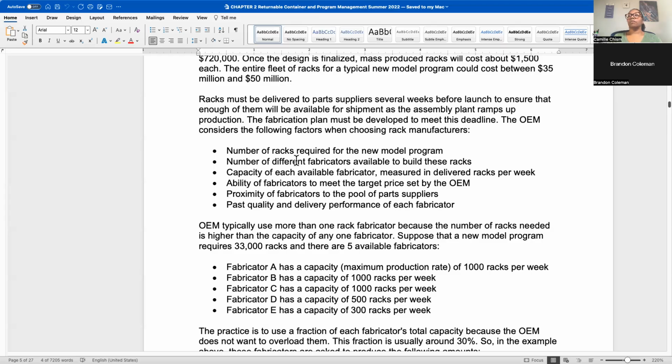And then one of the other things they look at is quality and delivery performance for each fabricator. So there's a whole scoring system in automotive where they will score the supplier based on their quality, their service, availability, cost, issues.